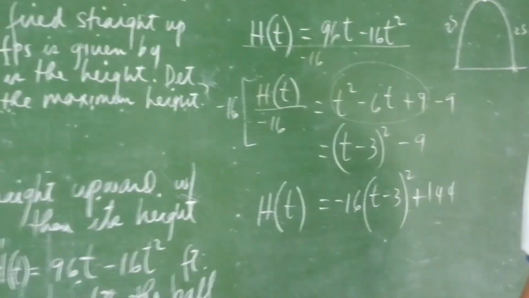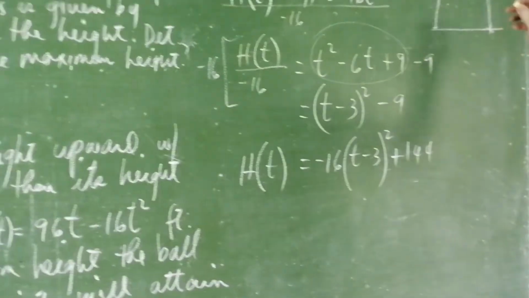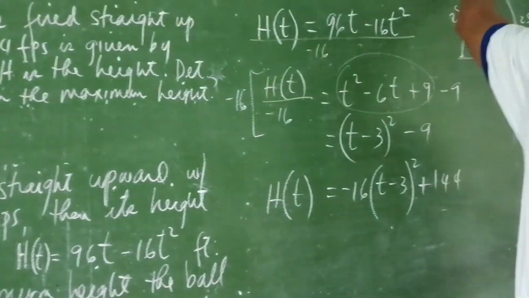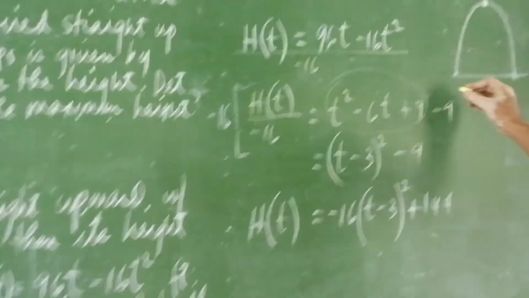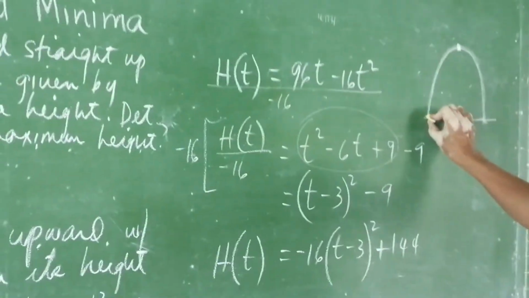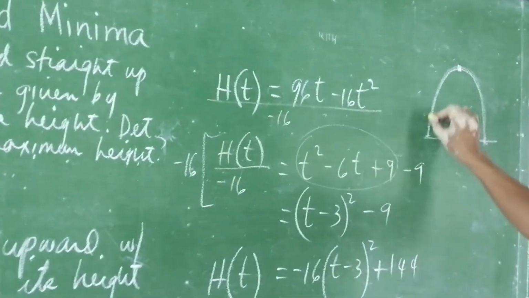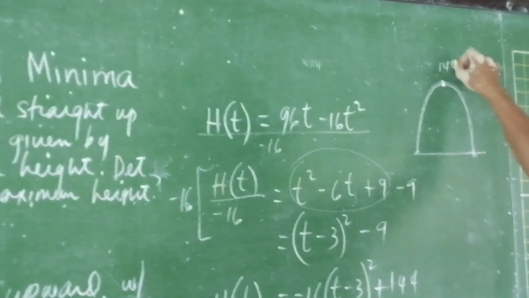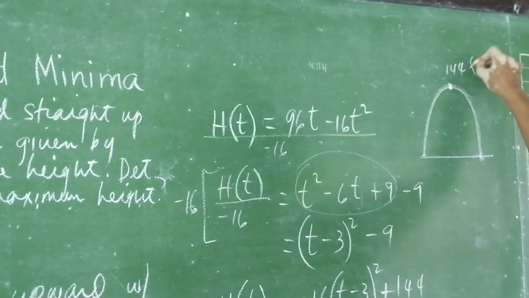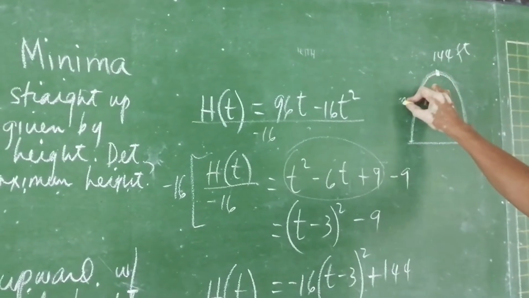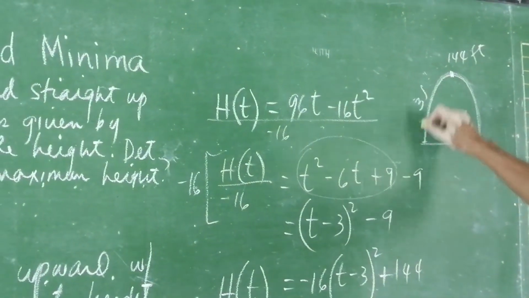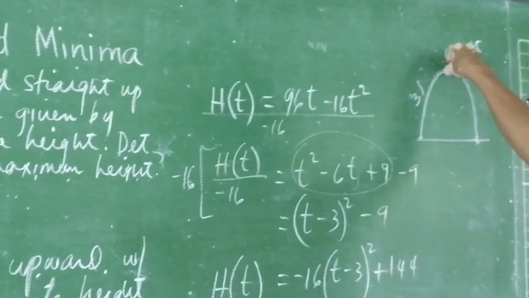So meaning to say the parabola is opening downward. So to attain the maximum height, which is 144, that is the maximum height, 144 feet, there must be 3 seconds to reach the maximum height.